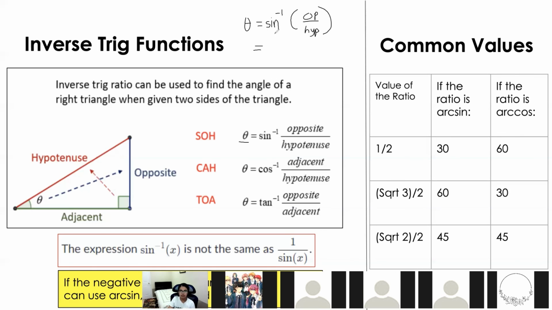If you're getting confused, you can just say arcsine of opposite over hypotenuse. Is arcsine 1 over sine? No, it's not. It's sine to the minus 1. It's just a way of saying it. It's literally not 1 over sine of x.